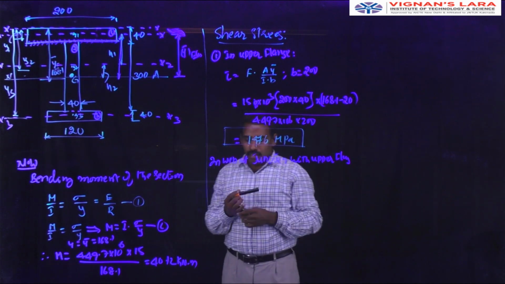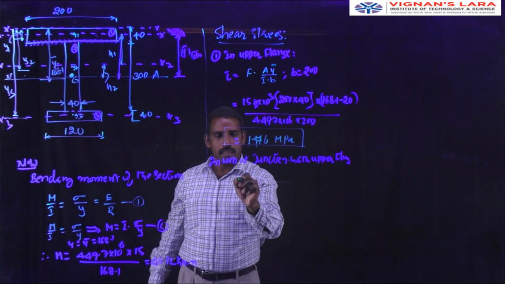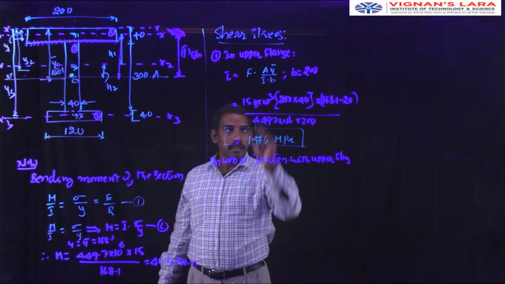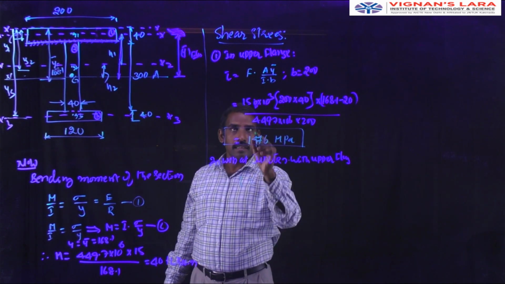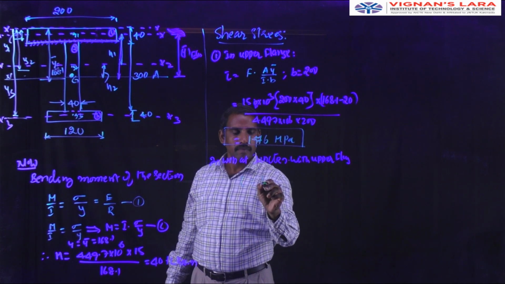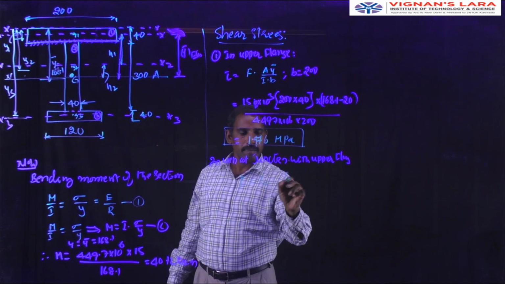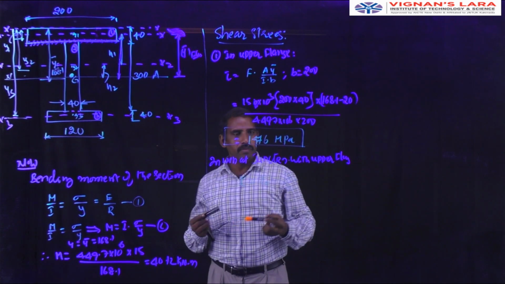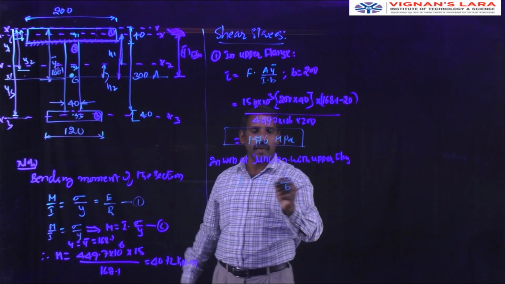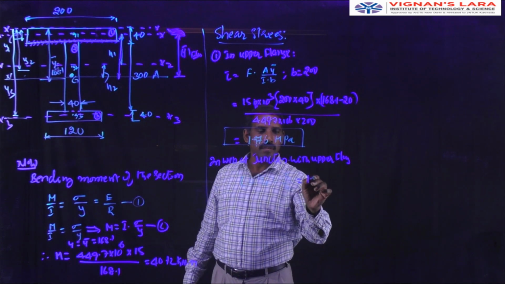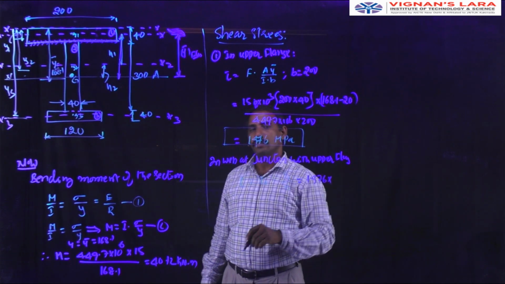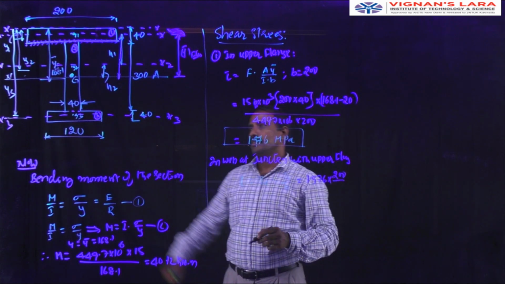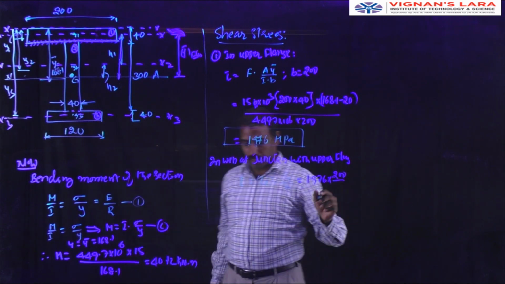So already we derived the formula. The shear stress at the web becomes the average shear stress, that is the shear stress in the flange into capital B by small b. We already calculated the shear stress in the flange, that is 1.976 into capital B, that is 200, by small b, that is 40.